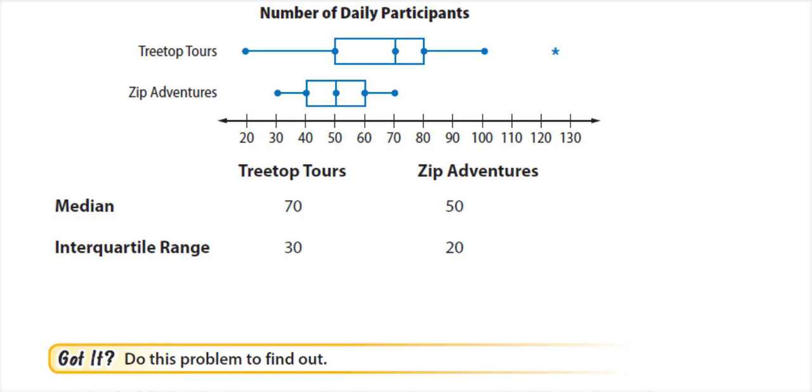All right, so let's go ahead and make a little sentence about these two. Let's say there's a difference of 20 in the medians.